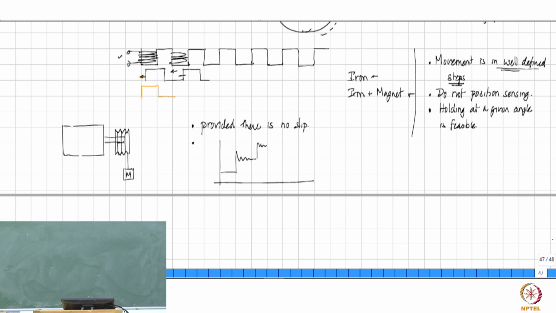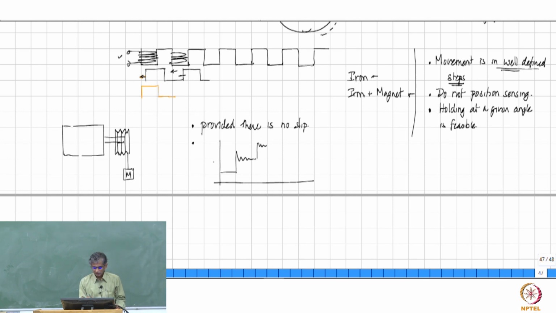But if you don't switch off one phase and switch on another, you maintain some excitation here, and as you gradually decrease one excitation and increase the other one, right? Then if you do that, you can do much better.